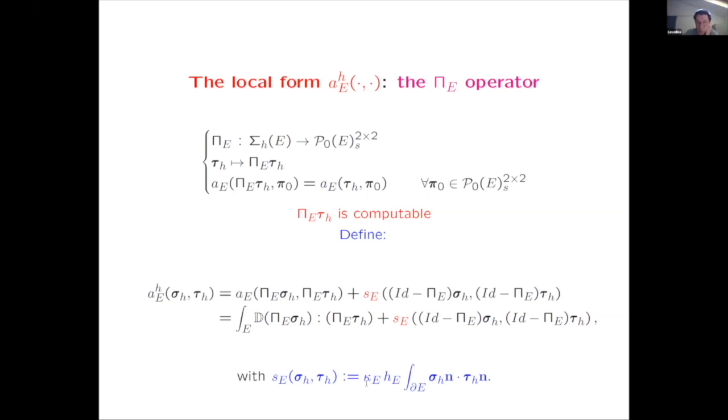Okay. Here, this constant kappa e, you may take, for instance, the trace of the D tensor. Okay, so this perfectly works. So this is just a part which is pretty standard. It's just, say, the L2 version of the pi nabla operator.